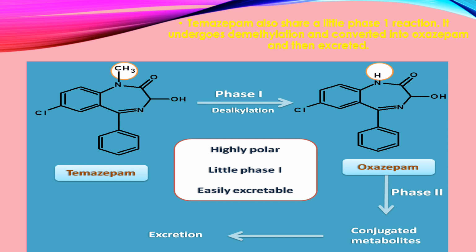Temazepam also shares a little phase 1 reaction. It undergoes demethylation and is converted into oxazepam and then excreted. But there is only a little phase 1 due to the presence of our hydroxyl. It's easier to metabolize it and excrete it from the body.